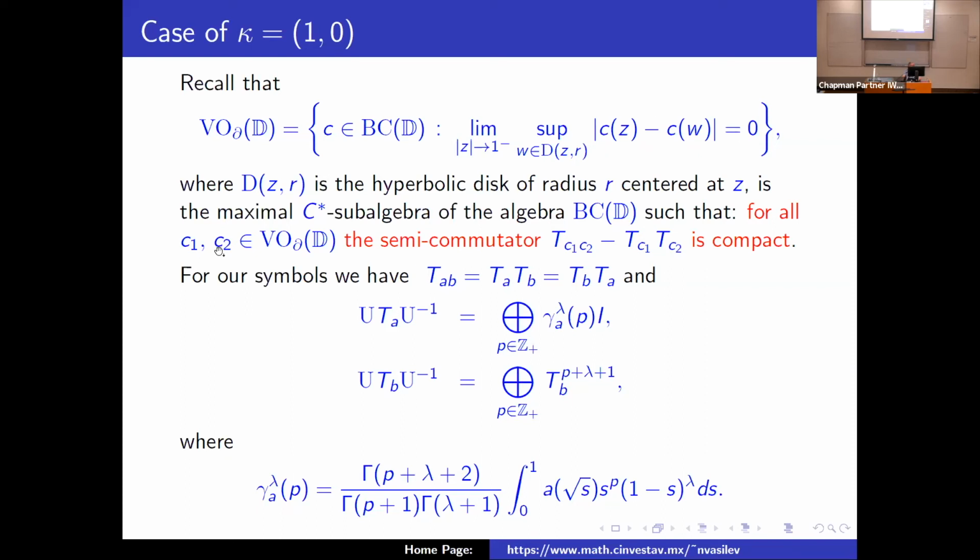And this algebra is known to be the maximal algebra such that for all functions from this algebra, the semi-commutators of Toeplitz operators are compact.